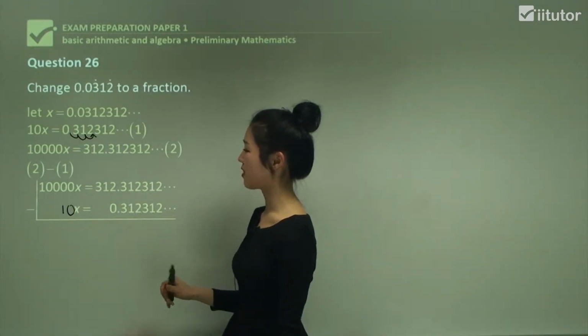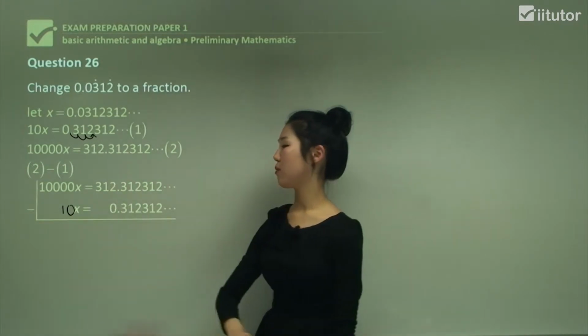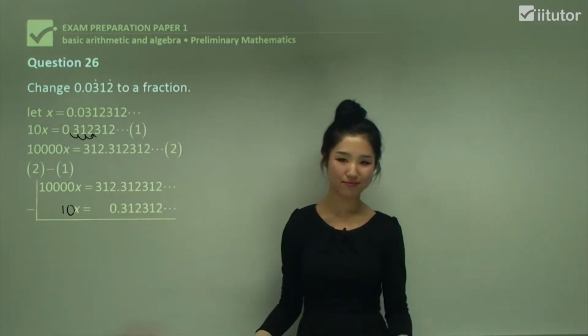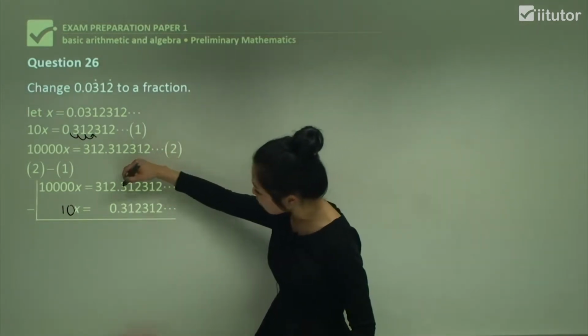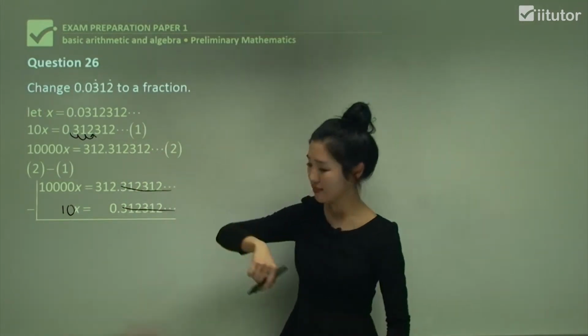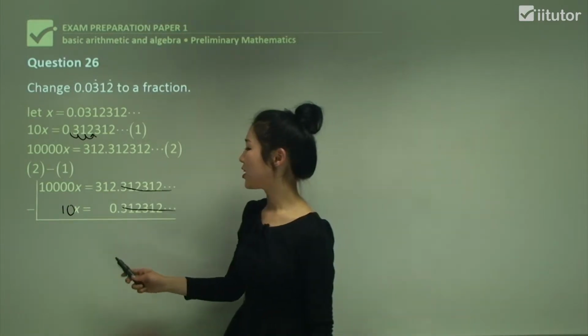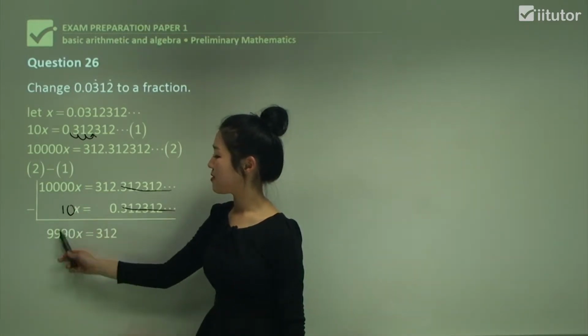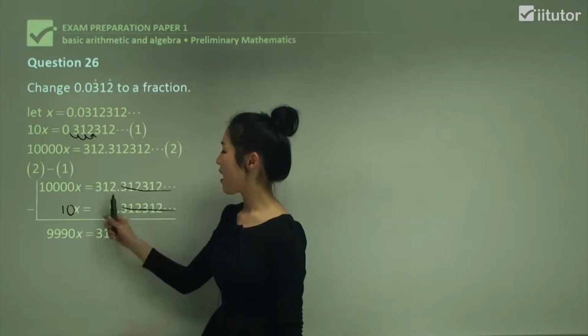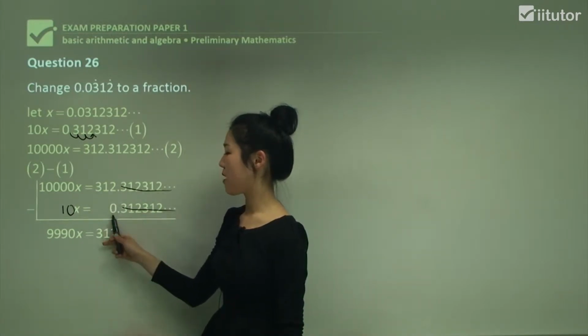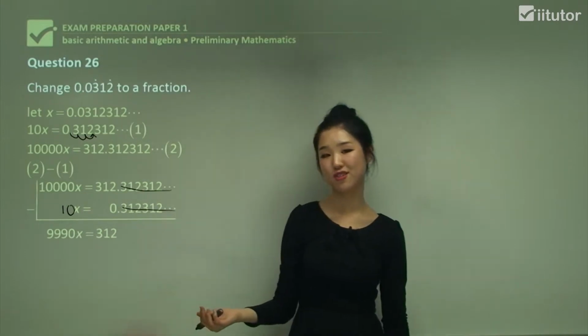And then that's going to be 0.312. Okay, so I'll just put the decimals corresponding to each other so I know that all of these will be eliminated, they will cancel out. So I have this minus this is 9,990x, and this one is just 312 minus 0, which is just 312.